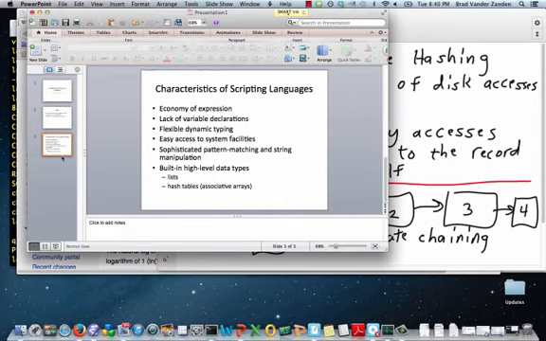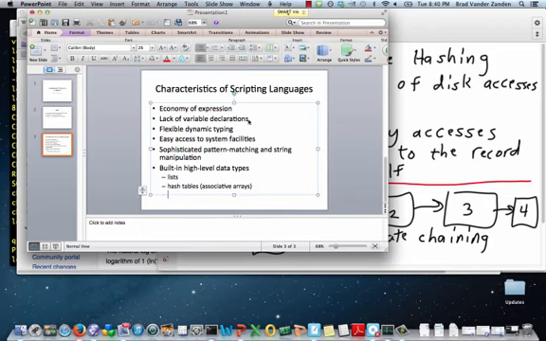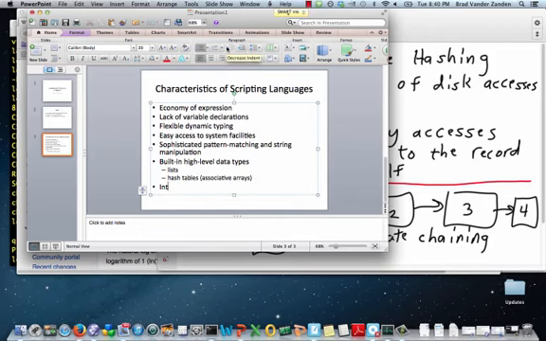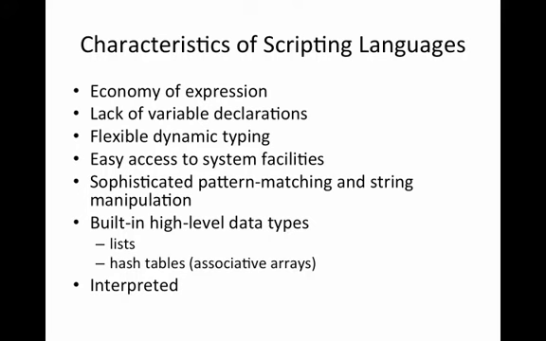Actually there's one other important item that I have not put down here, but which I will now add, and that's that they are interpreted rather than compiled. That means their statements are interpreted at runtime rather than being compiled into machine code and then run on a native platform. That often makes them much slower than comparable compiled code, up to 10 times slower.